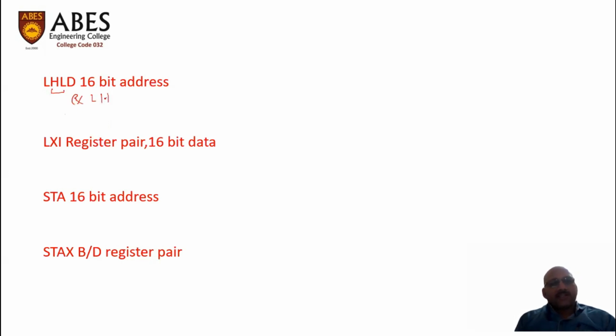If I write LHLD 2004H, it will load from two consecutive memory locations, starting at 2004H. First it will move the value from this location to the L register.